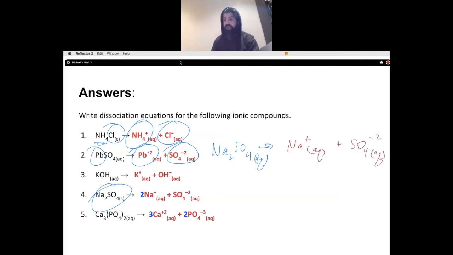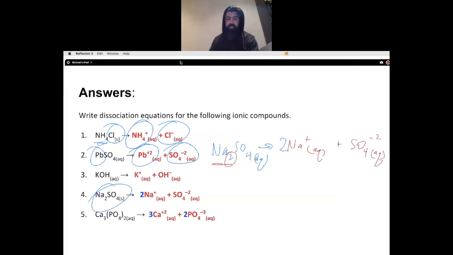Now, then I've got to look at how many Nas are there in this compound, and there are 2 of them. So that 2, I don't put that 2 as a subscript. I put that 2 in front. So when I'm balancing, there's no such thing as diatomics. Everything is written as the ion, how they actually exist in nature.